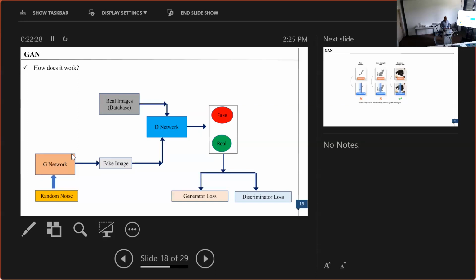After that, we need to feed real images and fake images to the discriminator network, and the discriminator should be able to distinguish between real and fake images. After that, we need to improve the loss, either in the generator or the discriminator.